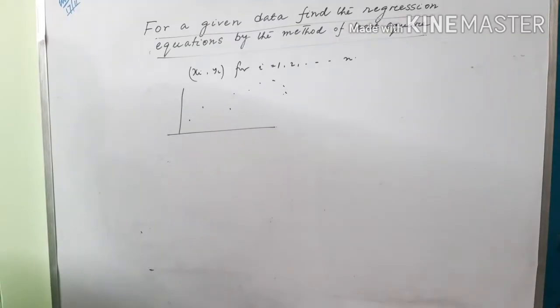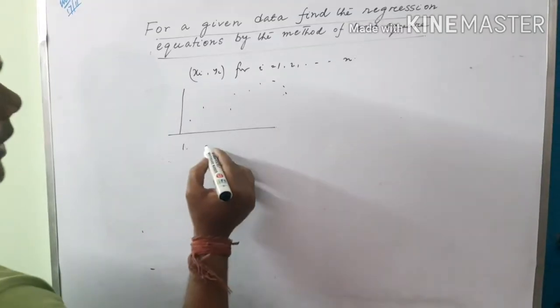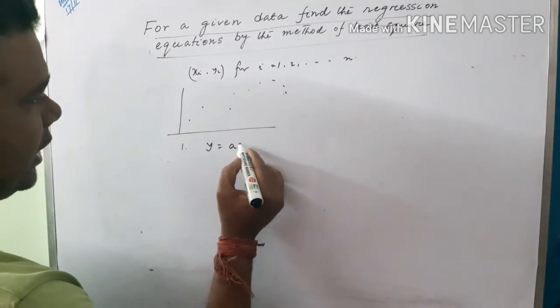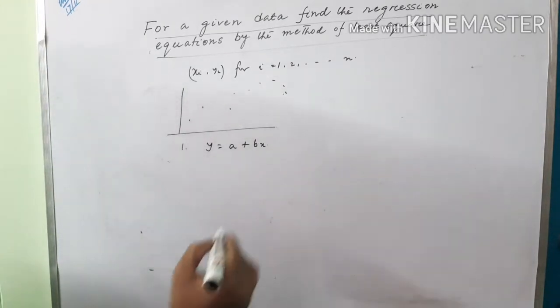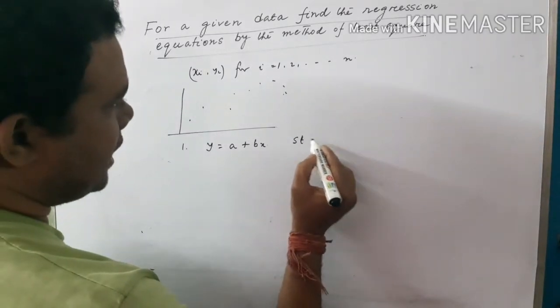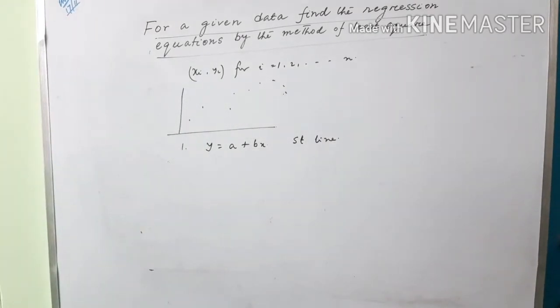Now what type of mathematical curves are used is the question. I am taking some examples. First, y equals a plus bx. It's the equation of a straight line. Now when to use a straight line?